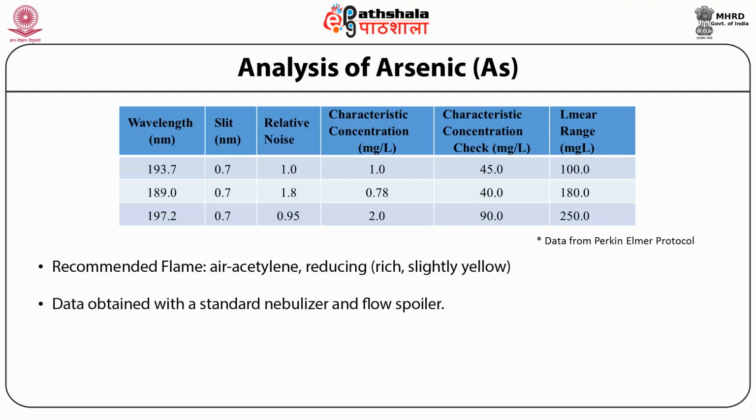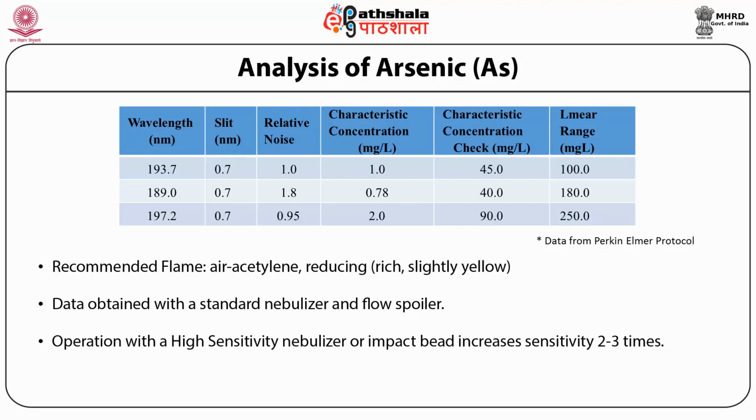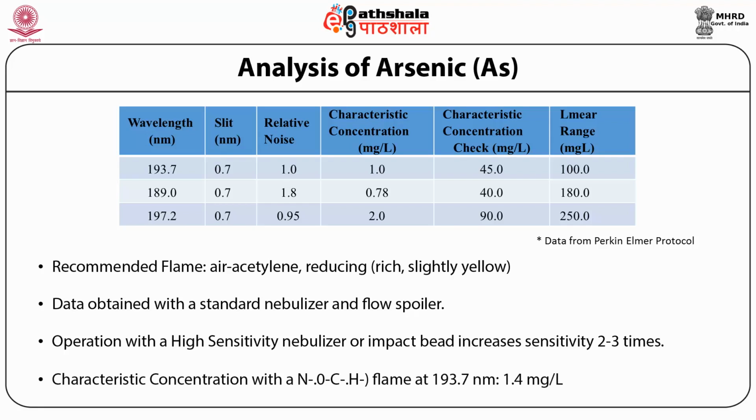The data obtained in the table is with standard nebulizer and flow spoiler, and by using high sensitivity nebulizer or impact bead, sensitivity can be increased 2 to 3 times. The characteristic concentration with nitrous oxide and acetylene flame at 193.7 nanometers is 1.4 milligrams per liter.